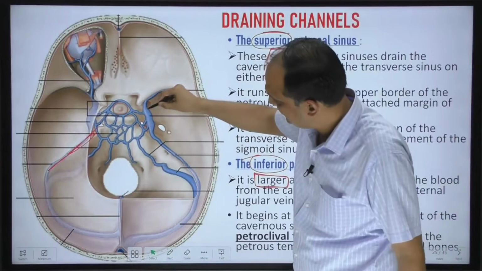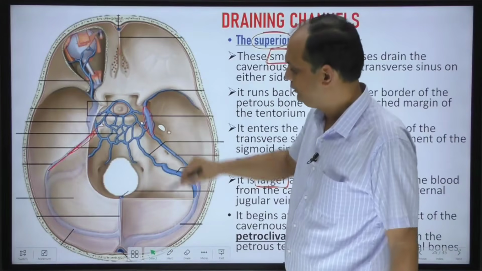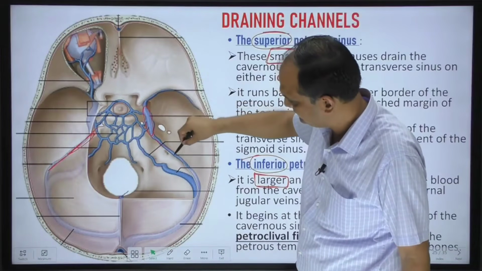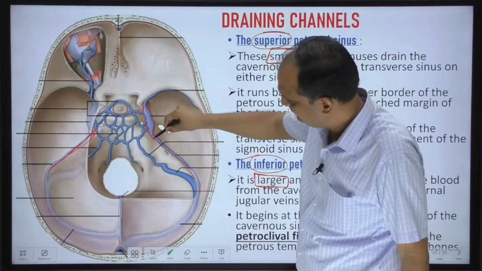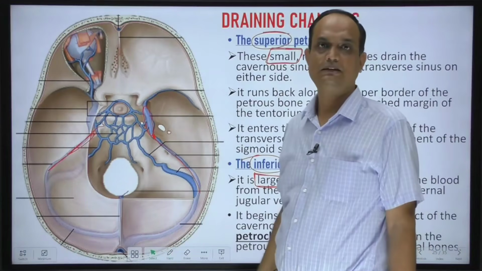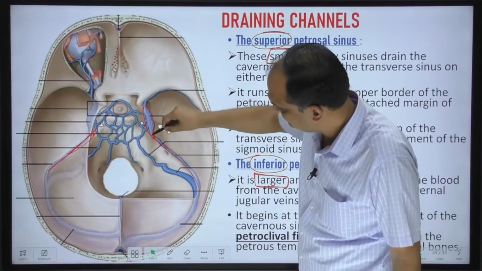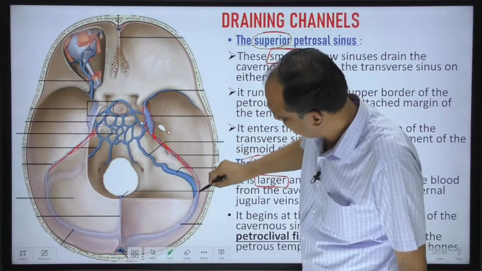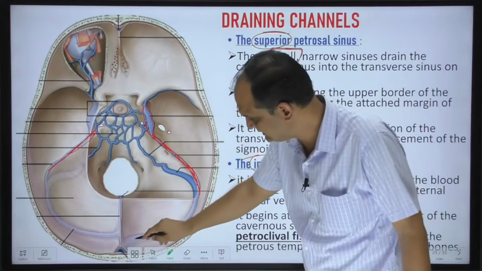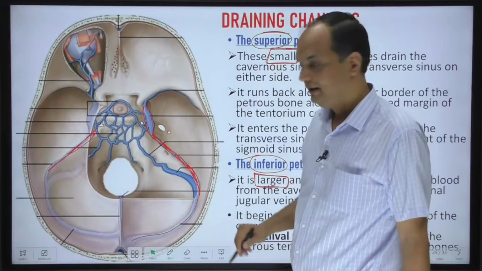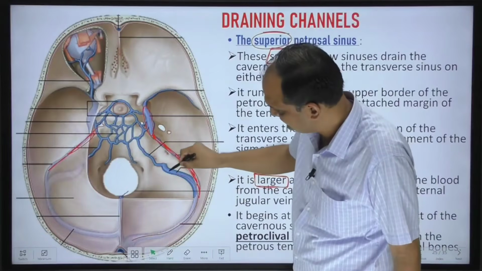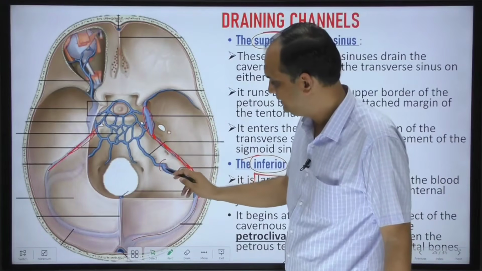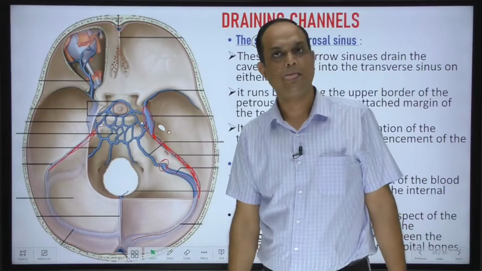So here you can see that this is the cavernous sinus. From the posterior end of the cavernous sinus, you have the beginning of the superior petrosal sinus. Now this superior petrosal sinus is going backward and it will join this sinus. This is the transverse sinus. Now you know that the transverse sinus continues as the sigmoid sinus till the canal known as the jugular fossa.